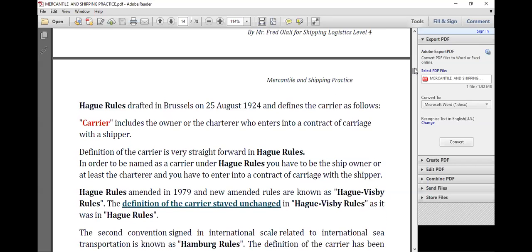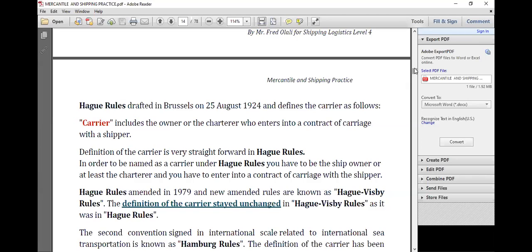They were drafted in Brussels, in Belgium, on 25th August 1924. And it defines the carrier as follows.